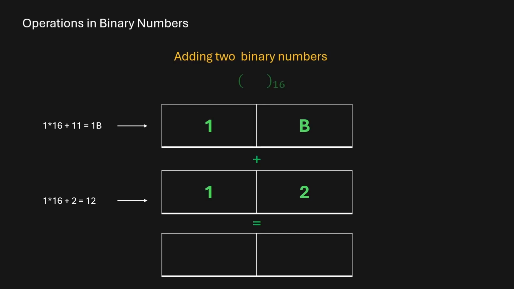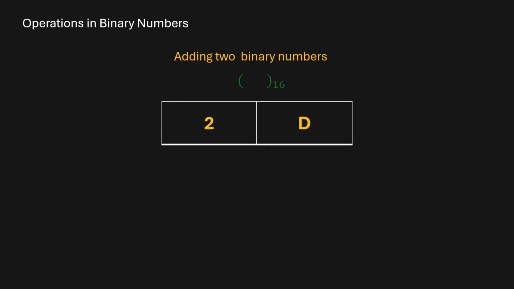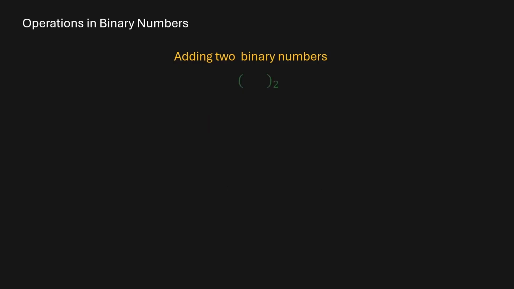Now we add B and 2, which gives us 13, and the symbol for 13 in base 16 is D. We also add 1 and 1, which gives 2. So the final result is 2D. If we now convert this 2D back to base 10, it should give us 45, because 2 times 16 plus 13 equals 45.